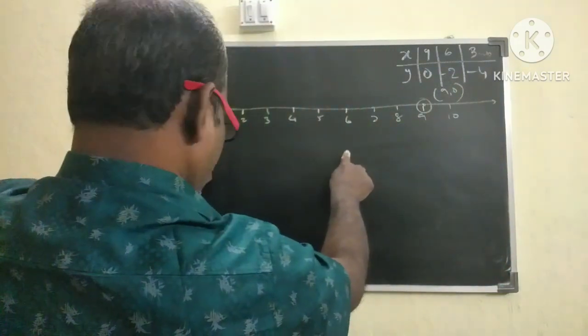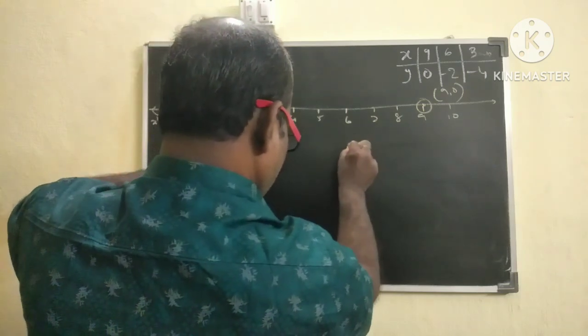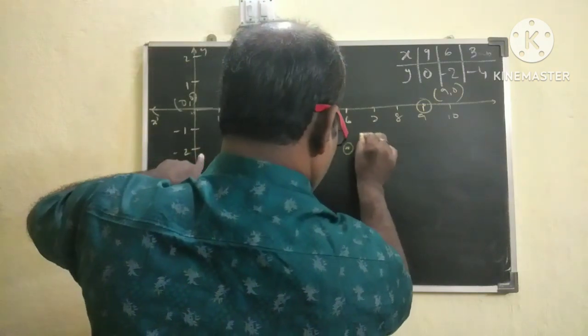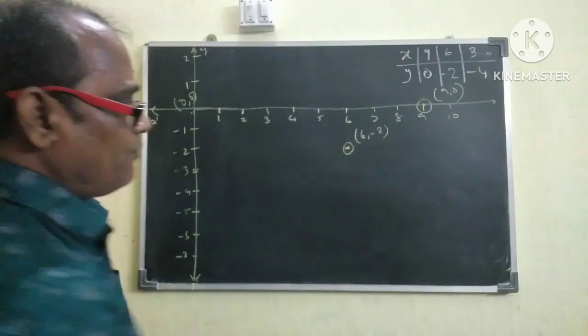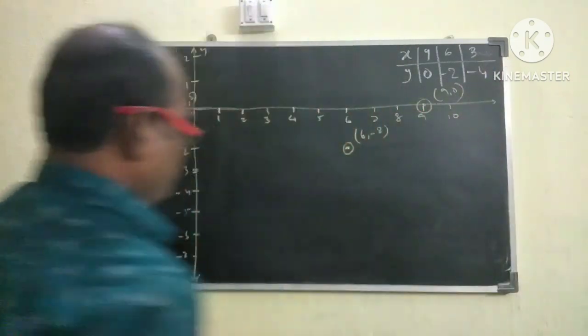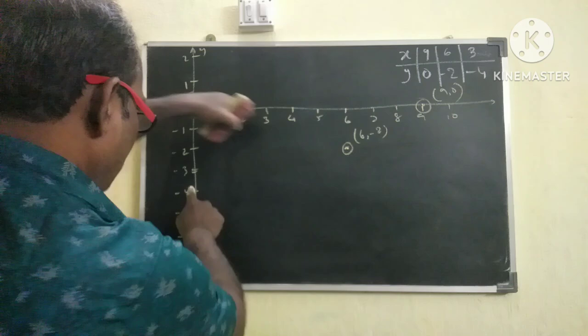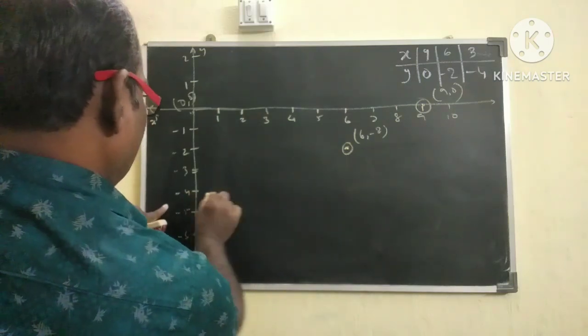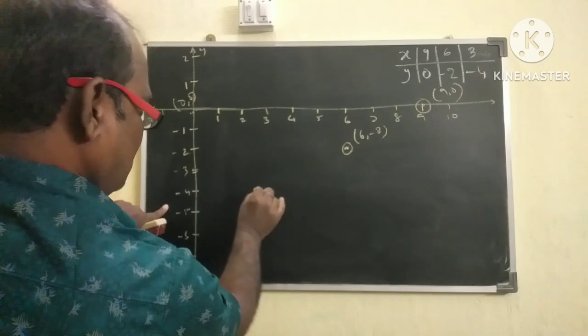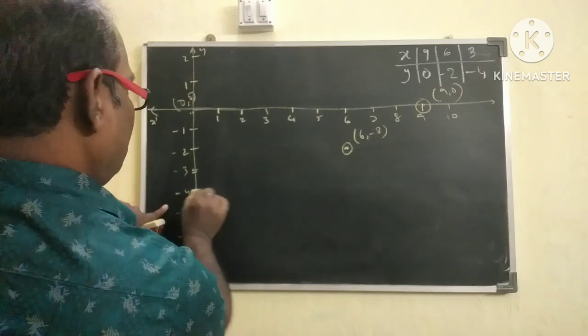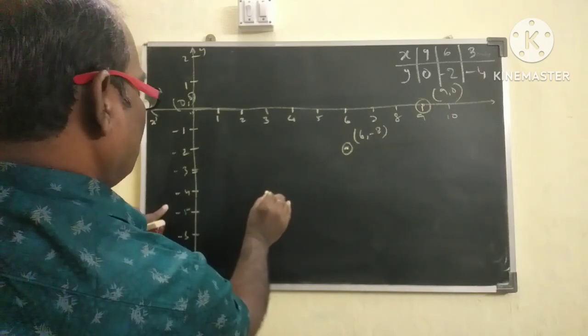So somewhere you will be getting a point over here. So write on here 6, -2. Then we have 3 and -4. So 3 and -4 is somewhere here. So you get here 3, -4.